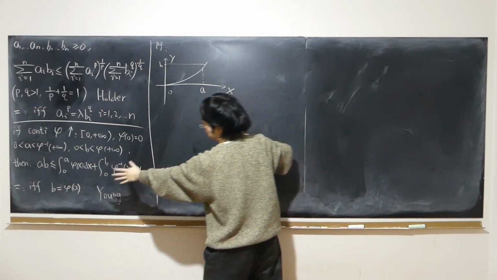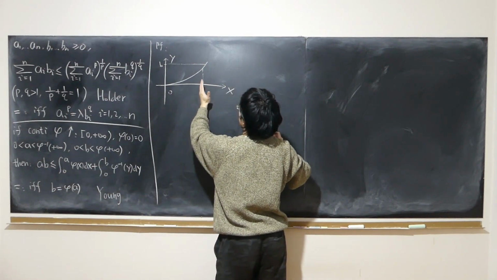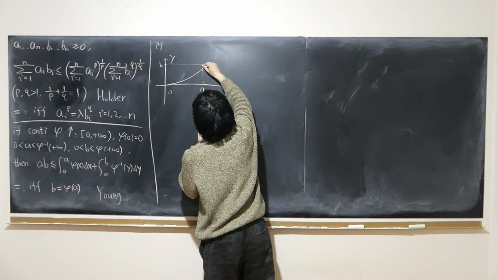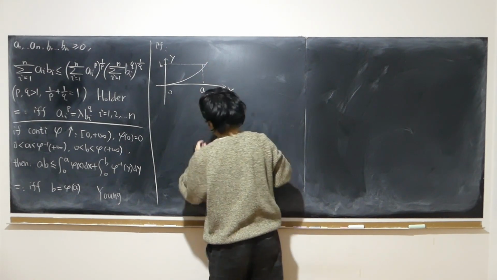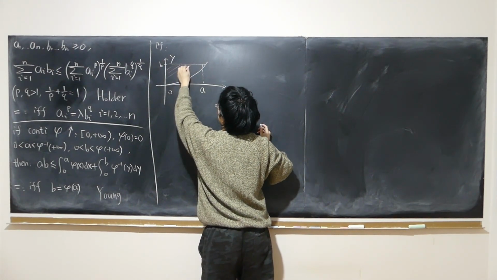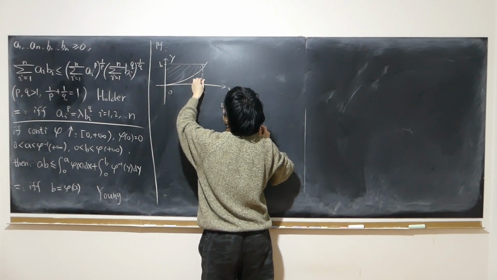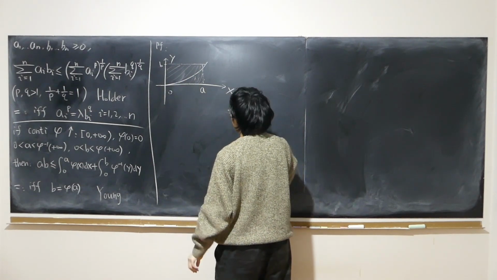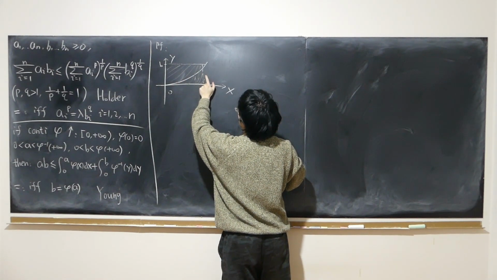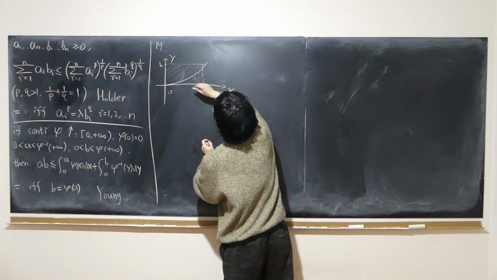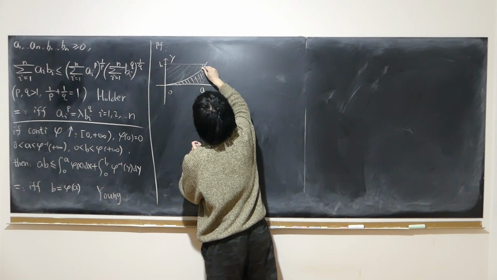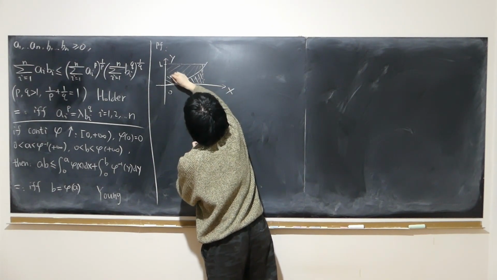So what's a times b? A times b is the area of this rectangle. So of course, this area of the rectangle is a little bit smaller than the area under this curve plus the area under that curve.